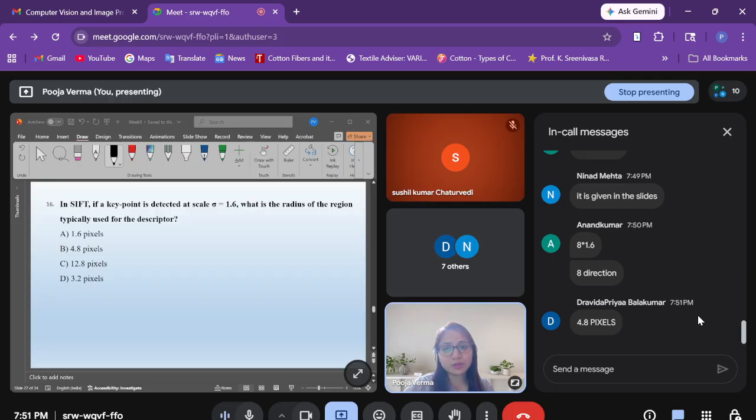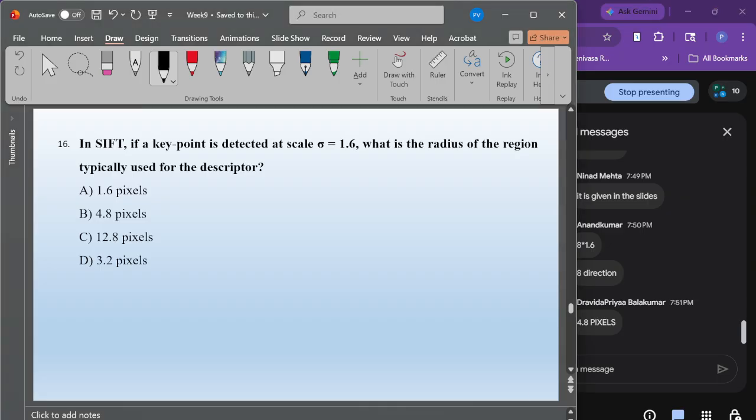The size of the descriptor region in the canonical SIFT implementation is proportional to the key point scale, that is sigma.